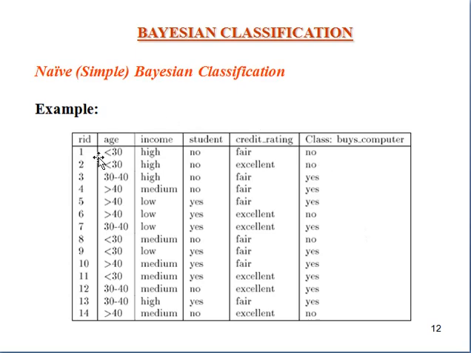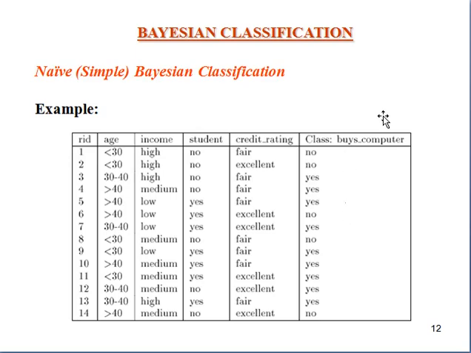So now by having a close observation of this data set you can see that these are our input attributes, right? And this one is our output class, right? So we can train our naive Bayes classification algorithm so that it can look at these attributes, and after analyzing them it can tell us whether an individual will be able to buy a computer or not, right?